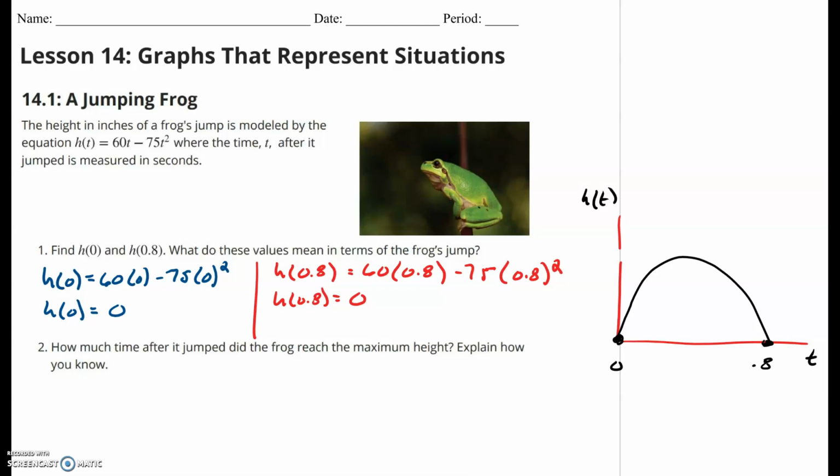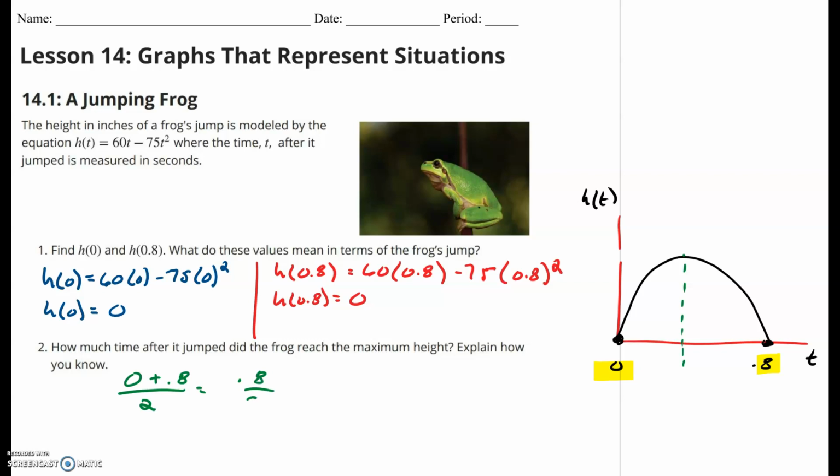Well, we can figure that out. If we know that it's on the ground at 0 seconds over here, and we know that it's back down on the ground at 0.8 seconds, it makes sense that it's going to be at the maximum height, whatever is right between 0 and 0.8. So we can do that by just averaging those two values, 0 plus 0.8, and then divide by 2.